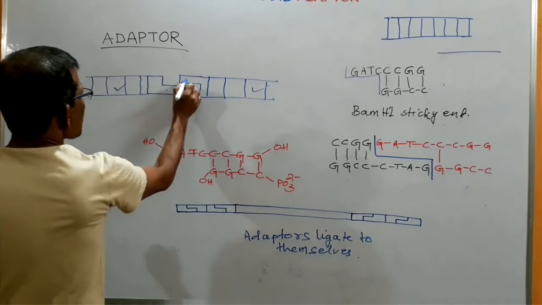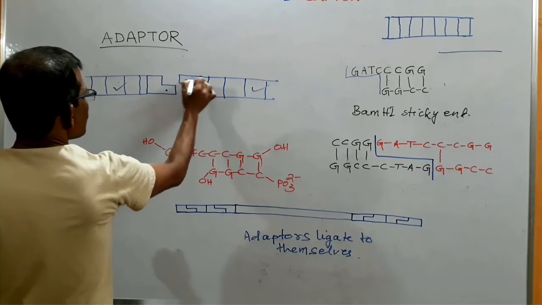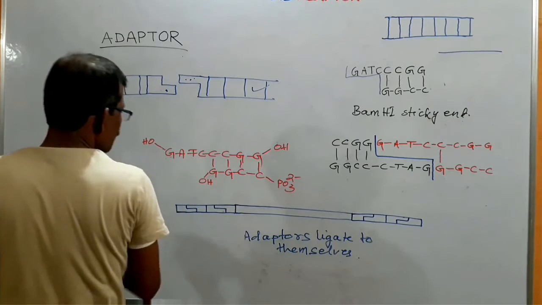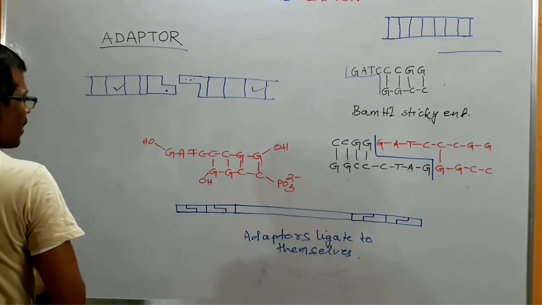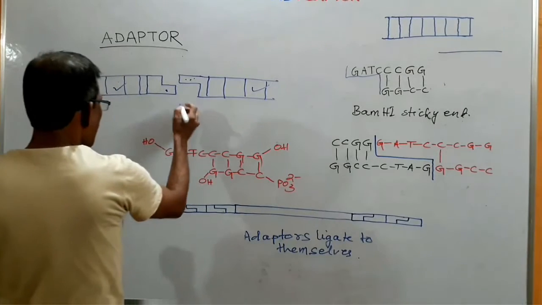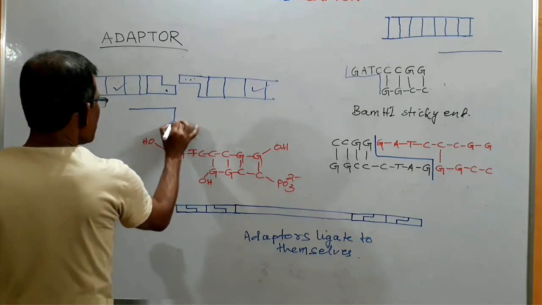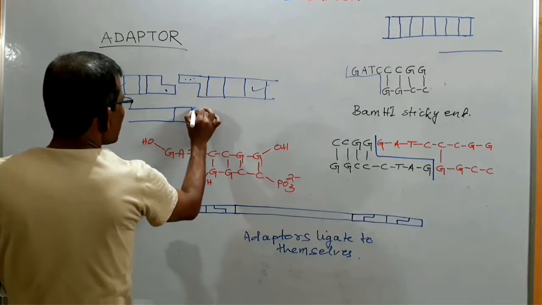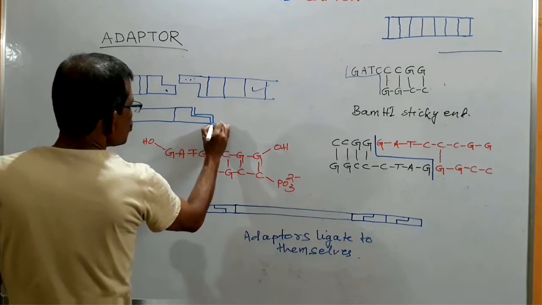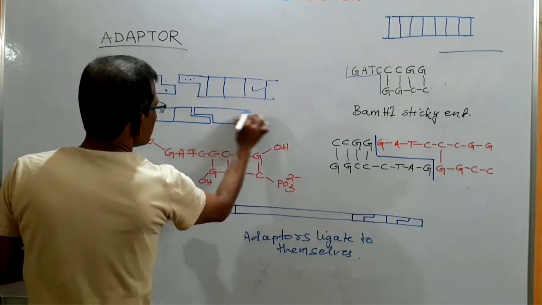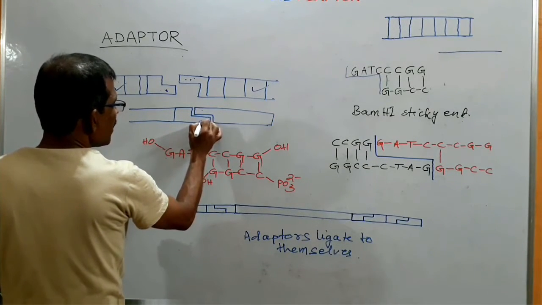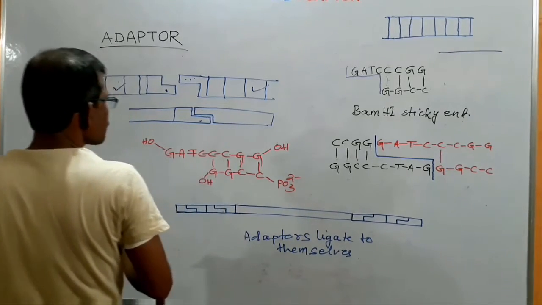So these single-stranded protruding ends are complementary. So base pairing will occur. Due to base pairing, annealing can occur easily between these two DNA fragments. So after annealing between these two DNA fragments, due to the complementarity of the protruding ends, annealing occurs easily.